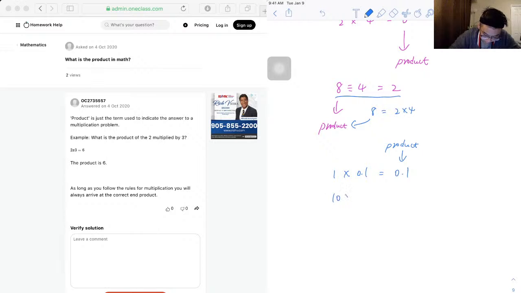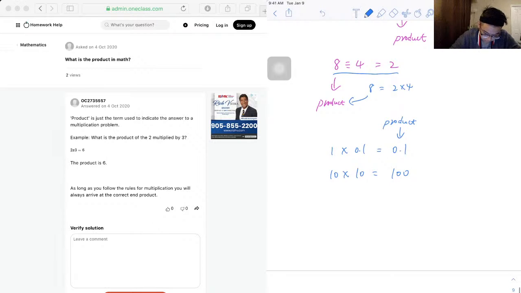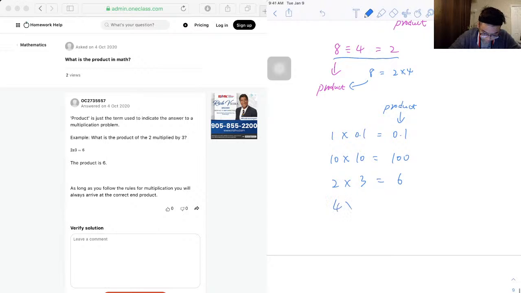And 10 times 10 is equal to 100, where 100 is still the product. And 2 times 3 is equal to 6, where 6 is still the product. 4 times 5 is equal to 20, where 20 is still the product. So all these are the product.